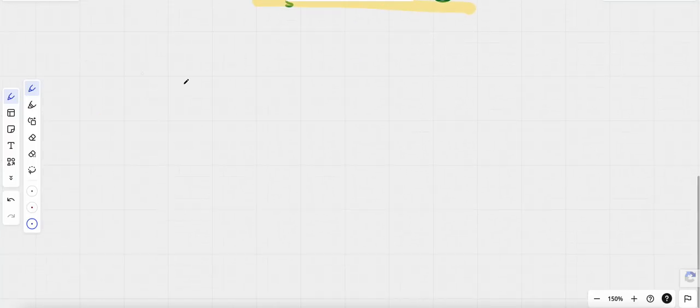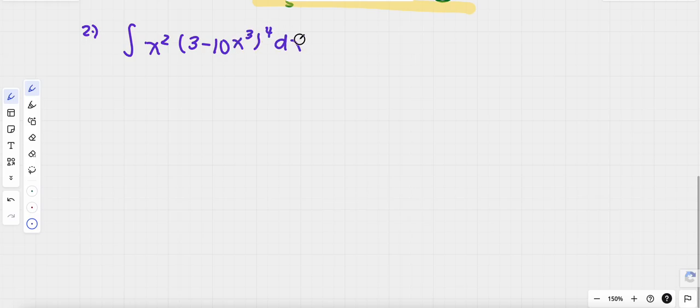Let me move here. So for number 2, what if we're asked to evaluate the integral of x squared times 3 minus 10 x cubed to the 4 dx? You might think, since there is x cubed inside the parenthesis, and this x squared outside, the two are related.